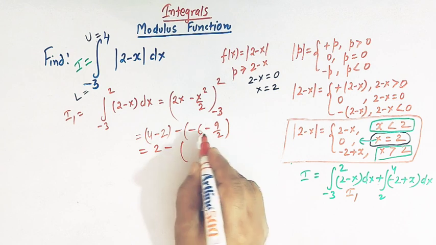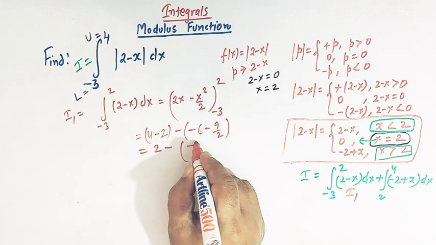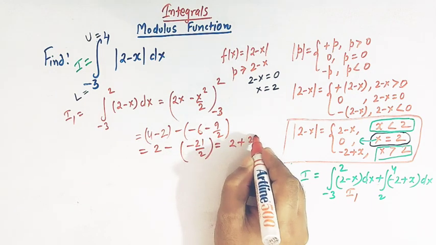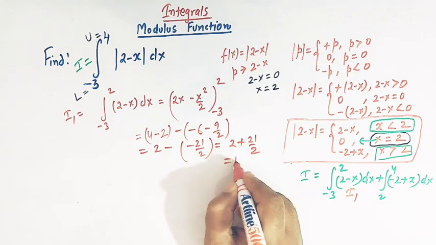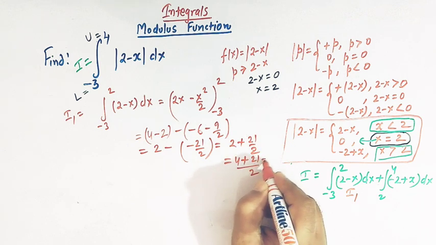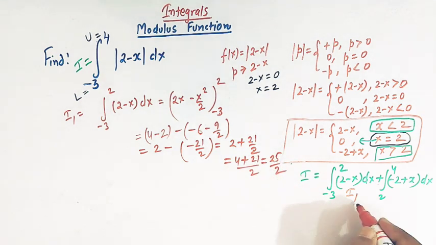This is 2 sixes are 12. 12 minus 9 over 2, that is minus 21 over 2. So this is 2 plus 21 over 2, that is 4 plus 21 over 2. So this is 25 over 2, right? So the value of I1 is 25 over 2.